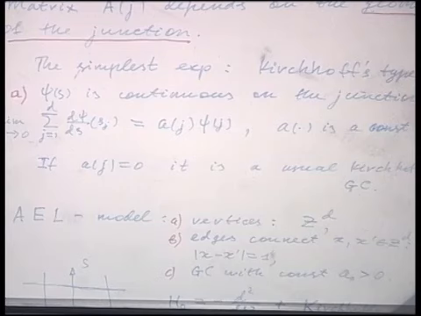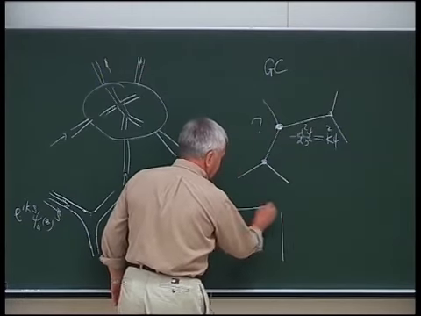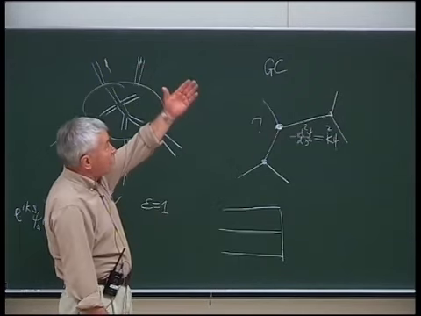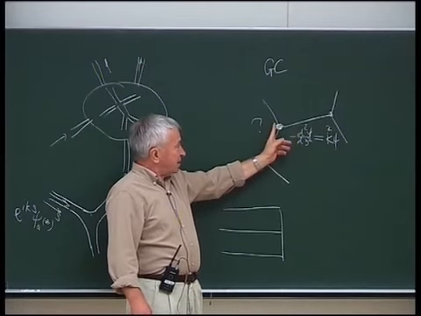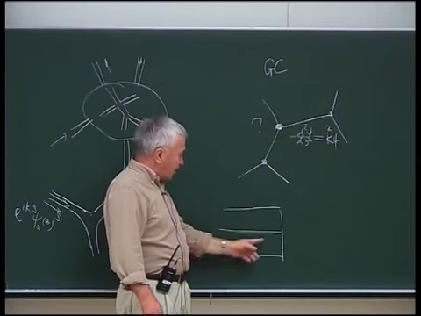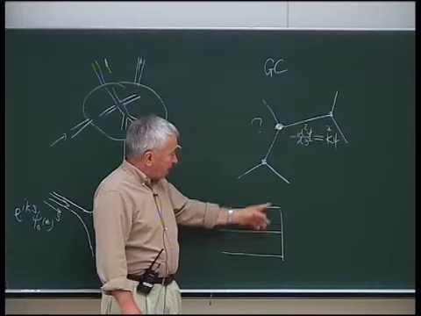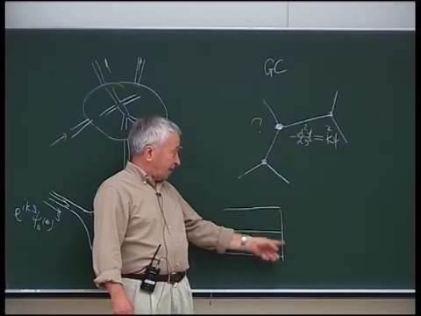It means that I can understand this junction as a system of channels going out of it. I can understand this equation near the junction as a system of D equations connected by some delta potential at the origin.